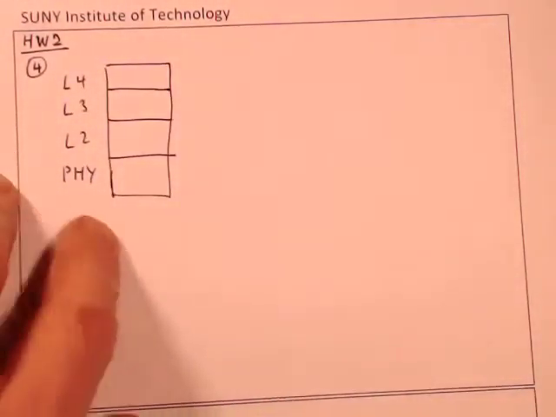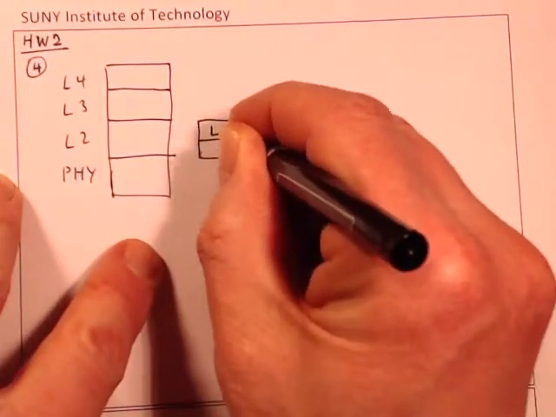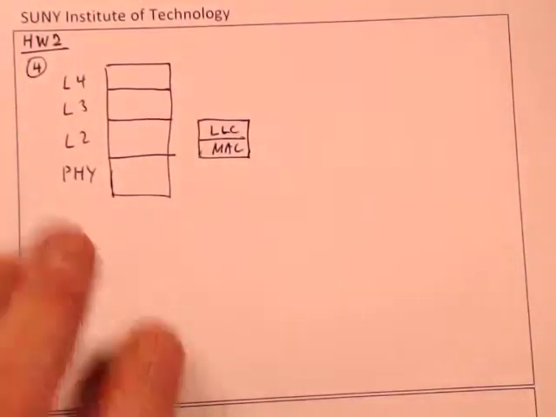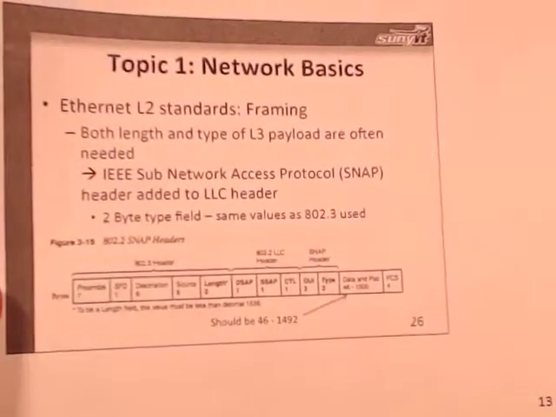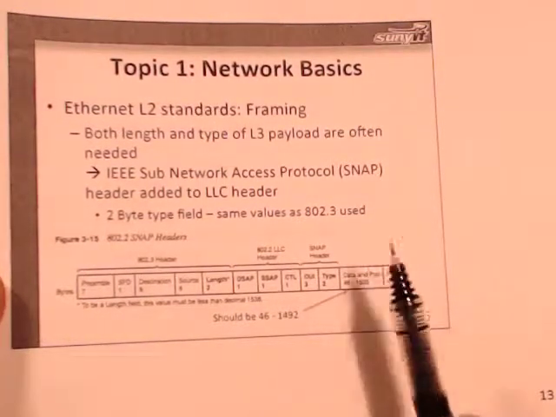And then we're going to divide layer 2 into the LLC and the MAC. And finally, from this picture you can see that the SNAP is in between the LLC and layer 3.